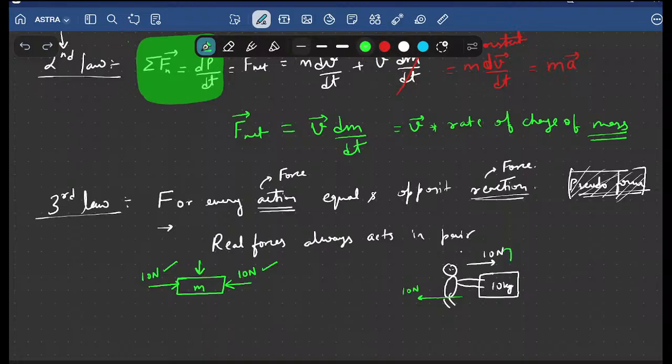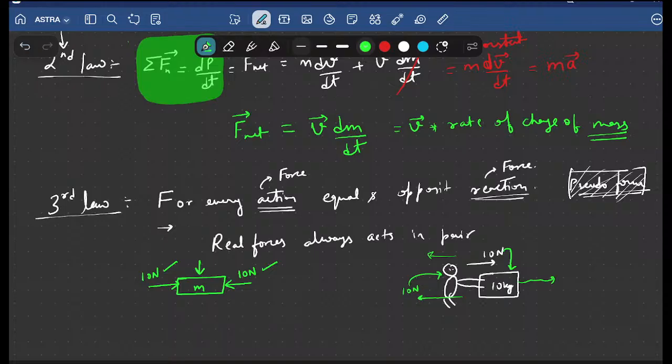This 10 newton is acting on this 10 kg mass, so it will accelerate it, and this 10 newton is acting on the person, so it may push the person in the backward direction. So always remember, it is very important to understand that these action and reaction forces never cancel each other, because they are not acting on the same body, but on different bodies.